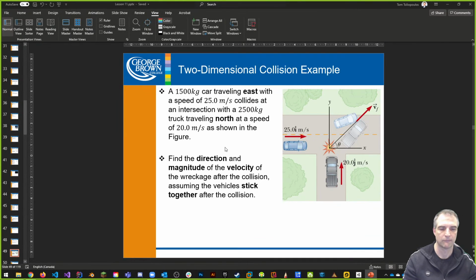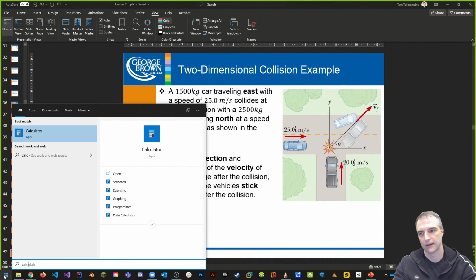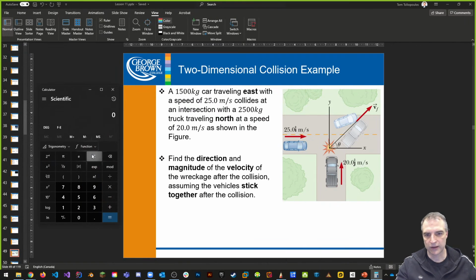Okay, momentum. We know that just by looking at the values we've been given. Let's do a quick calculation. If I calculate the momentum just in the x direction, for the car, that's 25 meters per second multiplied by 1,500.